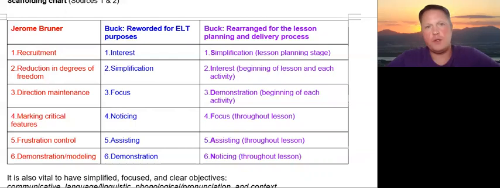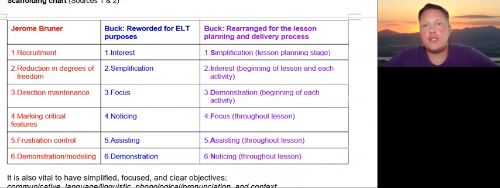And I've reworded those for ELT purposes to interest, simplification, focus, noticing, assisting, and demonstration, and then rearranged them based on my needs for lesson planning and lesson delivery.